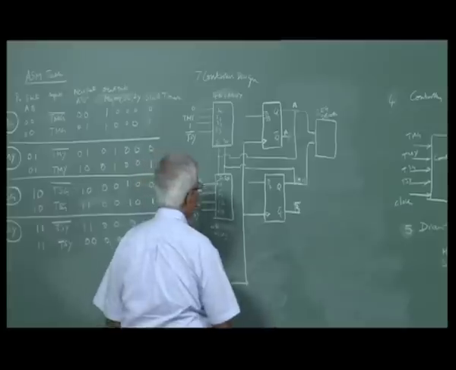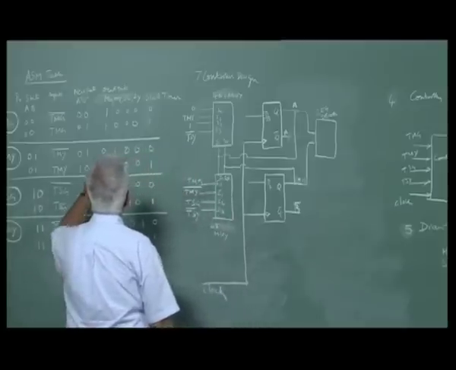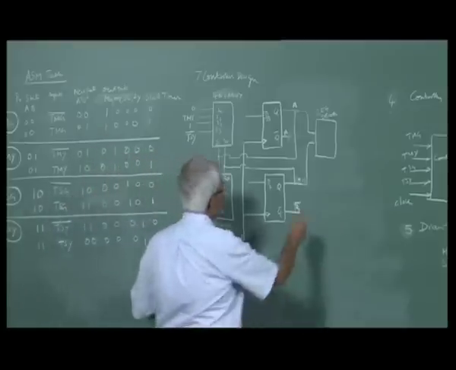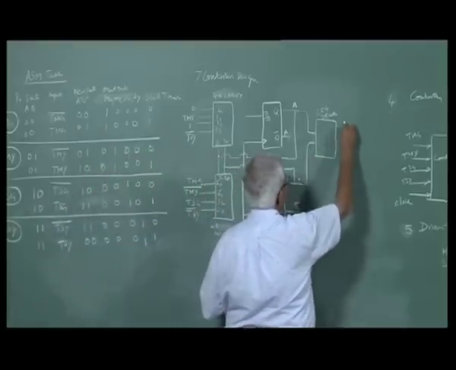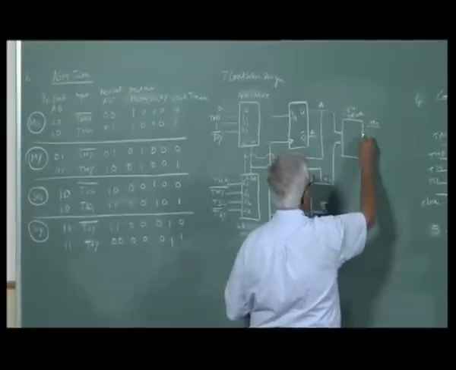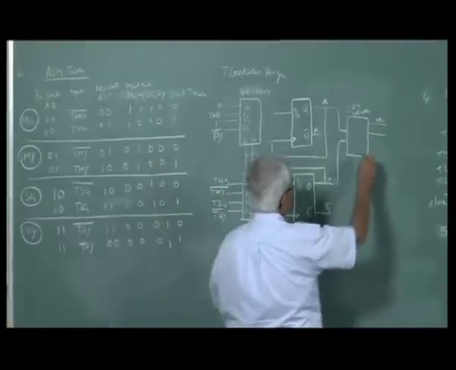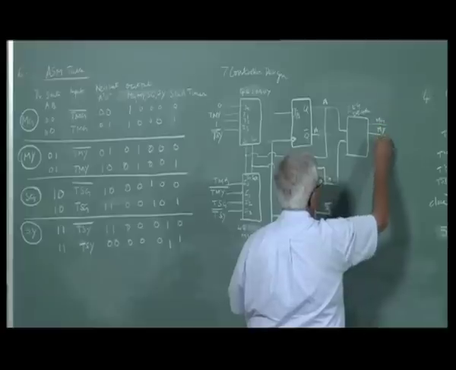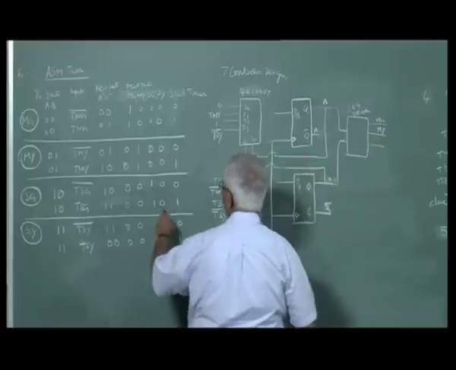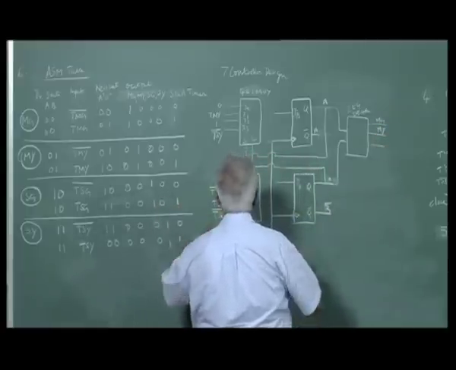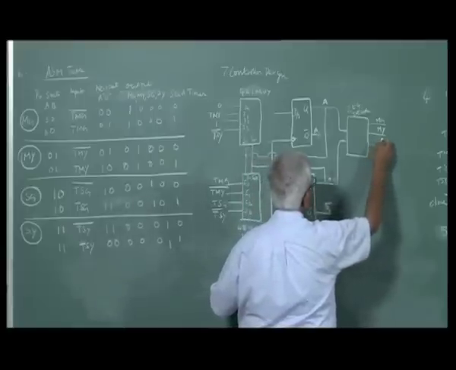Now first is A bar, B bar. Out is MG. Second is MY. Third is SG. Fourth is SY.